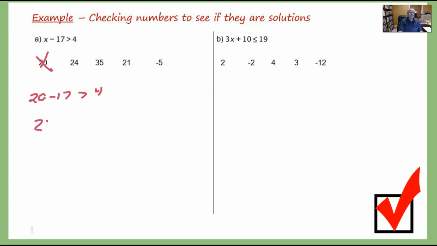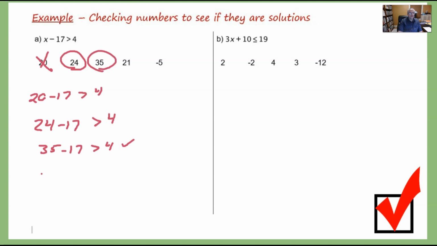Let's try 24. 24 minus 17, is that greater than 4? Well, 24 minus 17 is 7. Yep, that's greater than 4. How about 35? 35 minus 17? Well, yeah, that's 18. 18 is greater than 4. That's true.